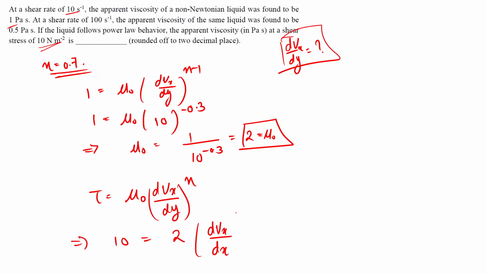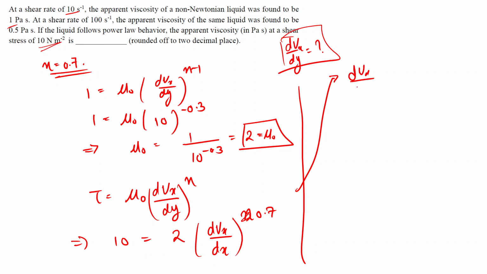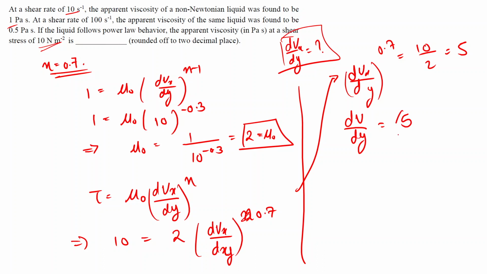The value of n is already 0.7. Using this, dvx by dy raised to 0.7 will be 10 upon 2, which is equal to 5. So dvx by dy will be 5 raised to 1/0.7, and we can solve this and find out that the strain rate will be 9.966.